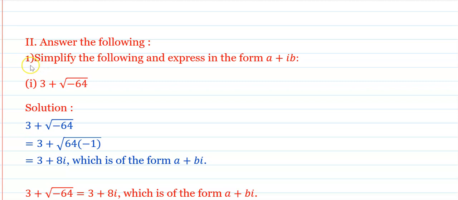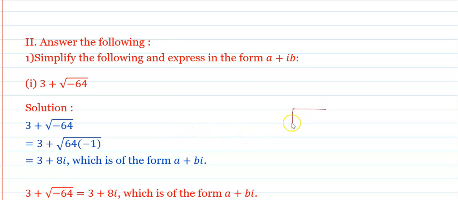Sub question a, question number 1. Simplify the following expressions in the form a plus ib. The first is 3 plus the square root of minus 64. Minus 64 means 64 into minus 1, and minus 1 means i square.